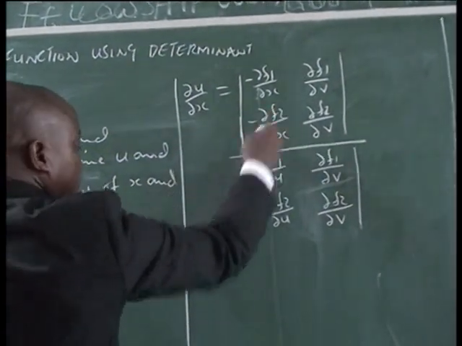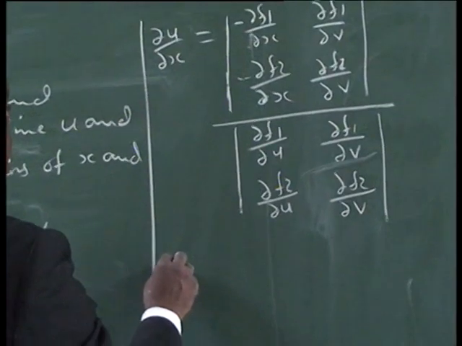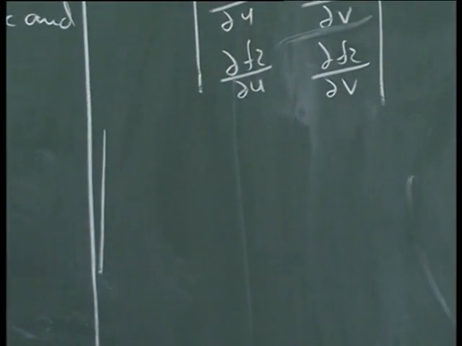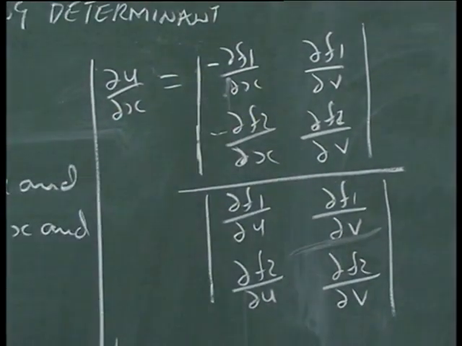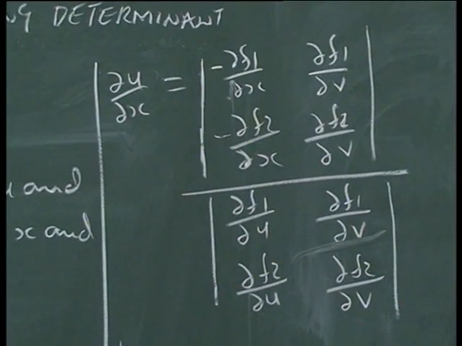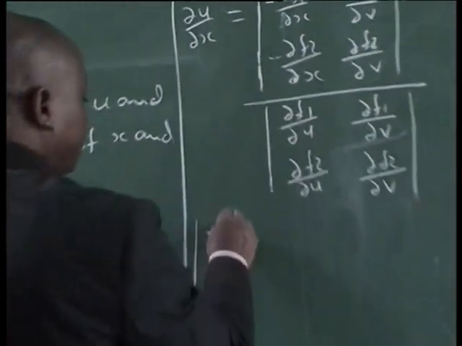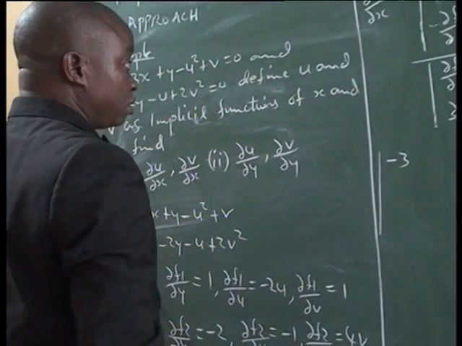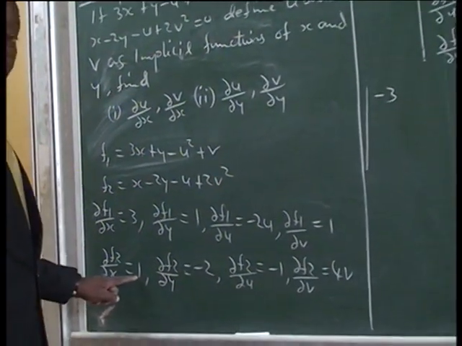Now going this way, we will take these determinants. We know that these determinants will give us partial f1 partial x. Now partial f1 partial x is 3. So we now have minus 3 in that place. Partial f2 partial x is 1.